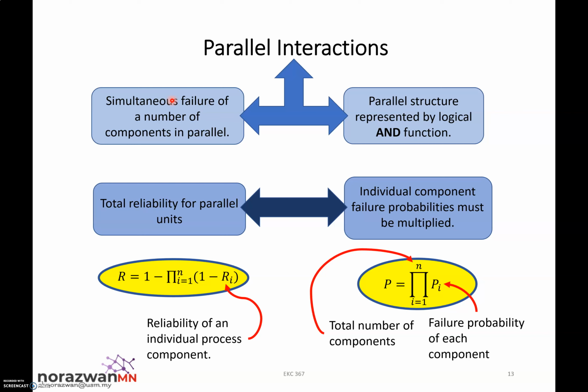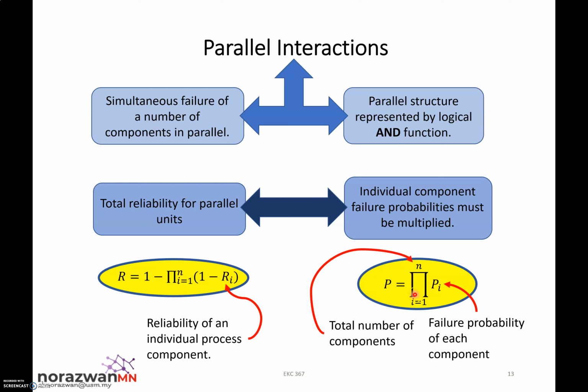The keyword is the combination of failures. That's why we use the logic gate of AND, because you need the combination.